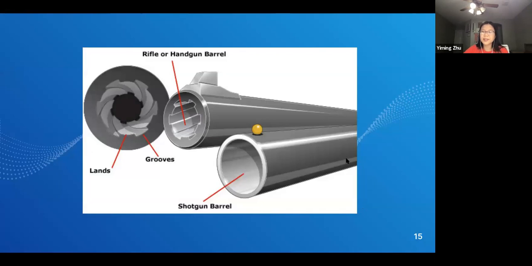Okay, so if you guys couldn't really imagine the rifling on the inside, this is what it looks like. Shotguns are smooth, and handguns and rifles have this little rifling.